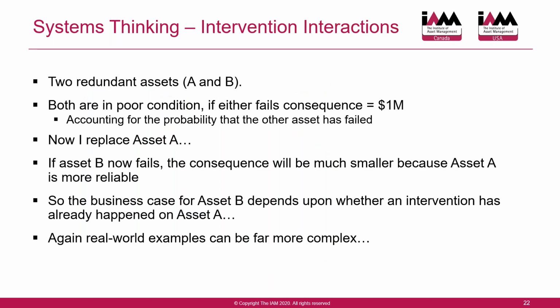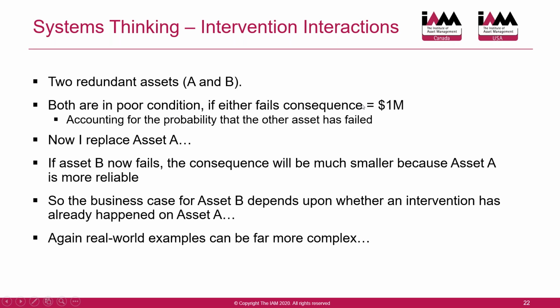And that's on the cost side. But there's also interactions on the value side. And again, I'll try to keep a very simple example. In this example, we've got 2 redundant assets, A and B. Both of these assets are in poor condition.